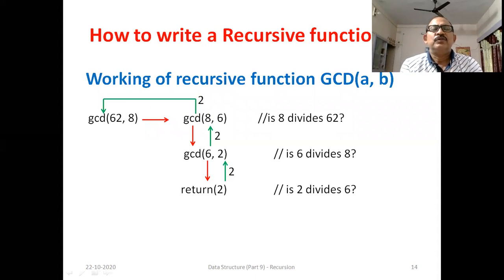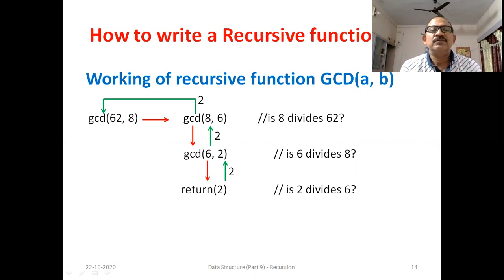Let us see the working of the recursive function GCD(A, B). Let us take two integer numbers, 62 and 8. Our aim is to determine the greatest common divisor of 62 and 8. In the function, the terminating case is: does B divide A? Does 8 divide 62?